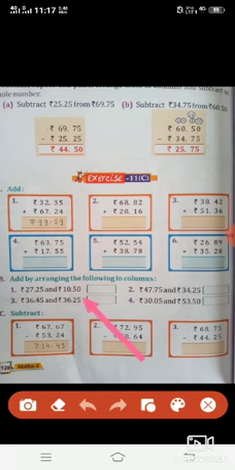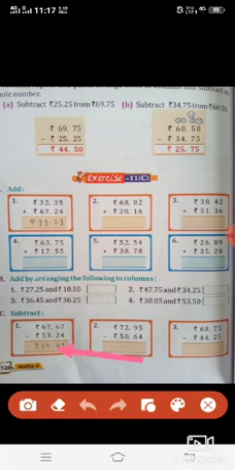Now students, question number C, subtract. Students, we have to subtract 53 rupees 24 paise from 67 rupees 67 paise. First we will subtract 4 from 7, then we get 3. Now we will subtract 2 from 6, then we get 4.